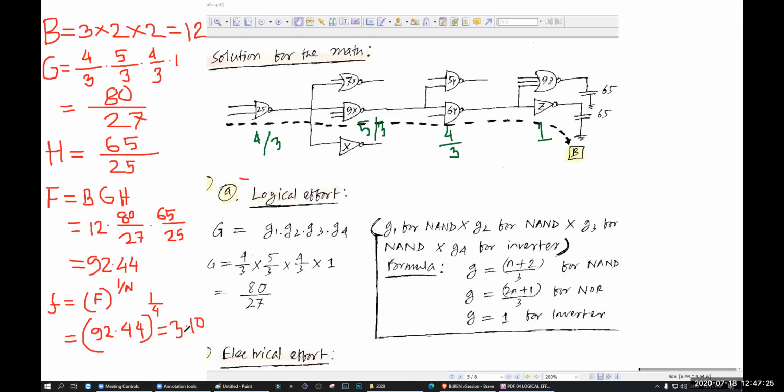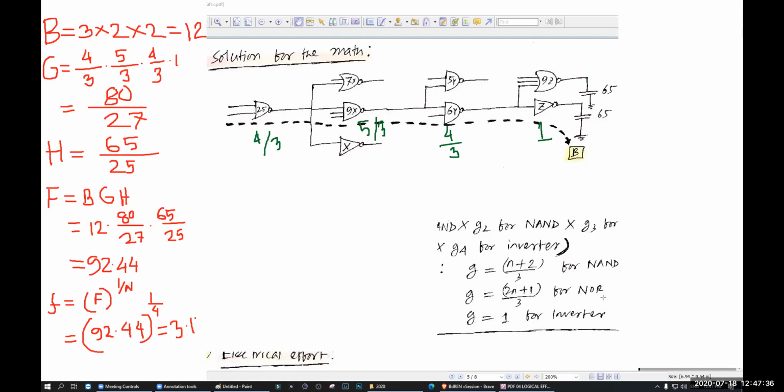Now this value has an importance. Let me show you something.